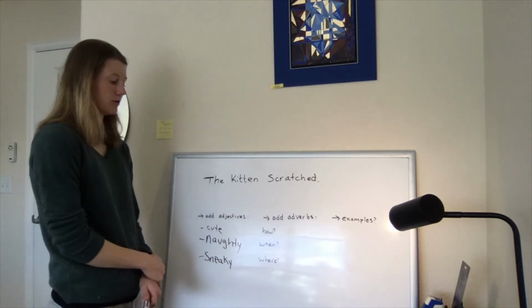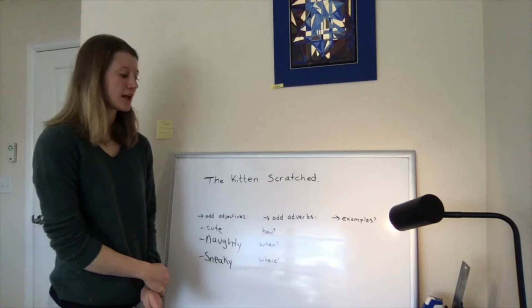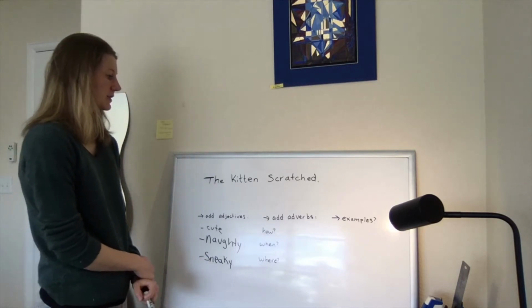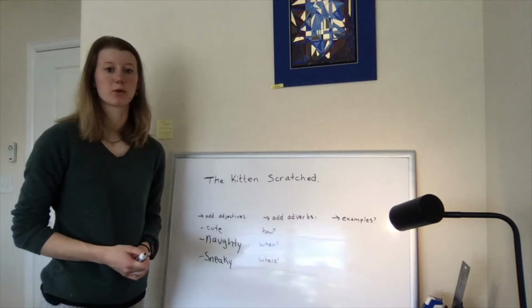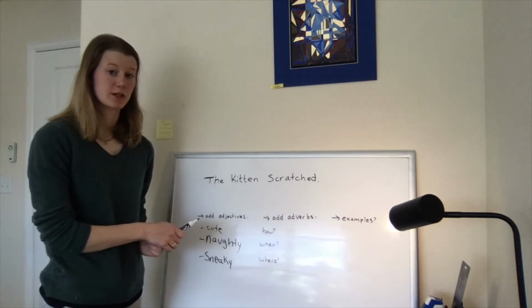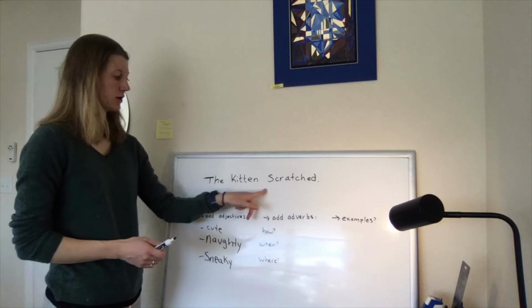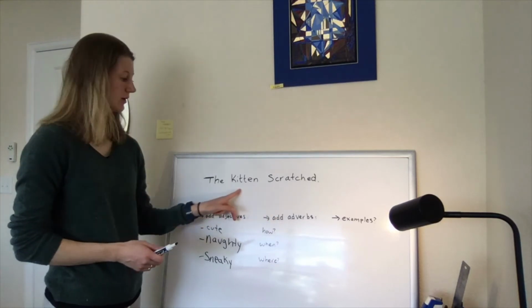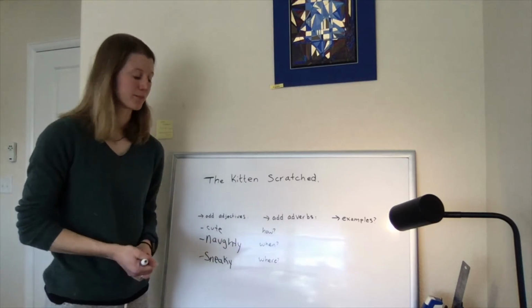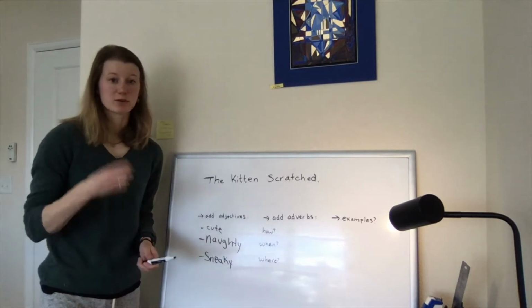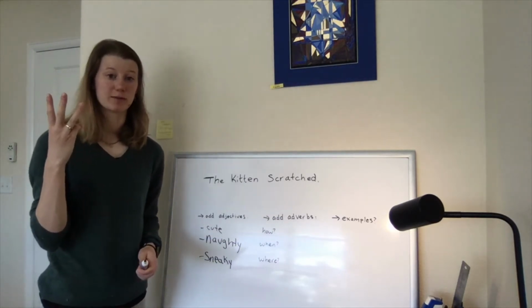Another thing we can do to add some more detail to this sentence is we can ask ourselves, well, can we add some adverbs? And remember, adverbs are words that describe verbs. And if you look at this sentence, which word is the verb? Scratched, right? That's the action, the thing that the kitten is doing. So when we have adverbs, there's 3 types of adverbs that we learned about this year.